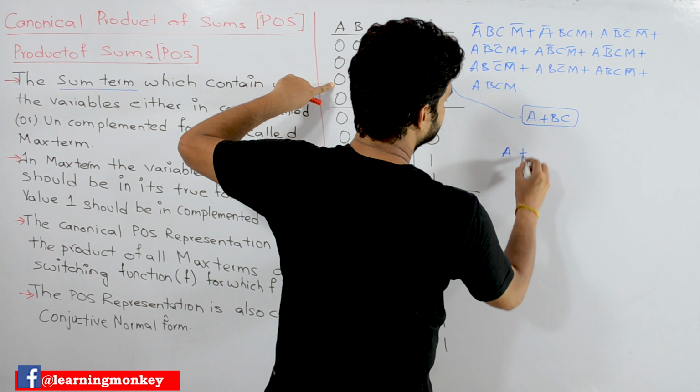In a max term, the variable with value 0 should be in its true form, and with value 1 should be in its complemented form. What that means is, if you want to represent 0 0 1 1, the value stored in A is 0, B is 0, C is 1 and M is 1.